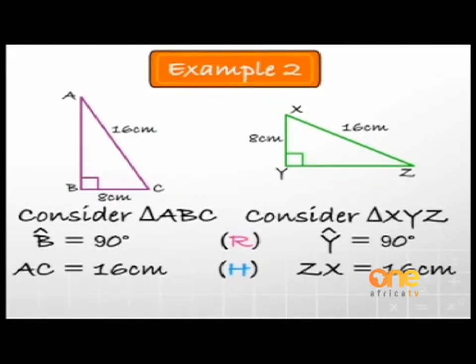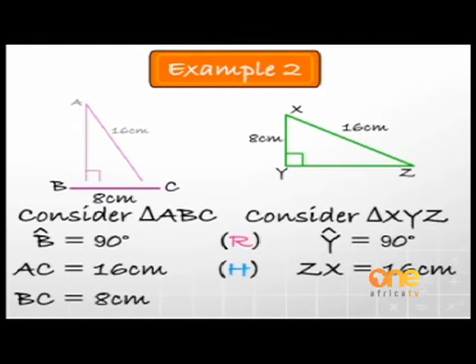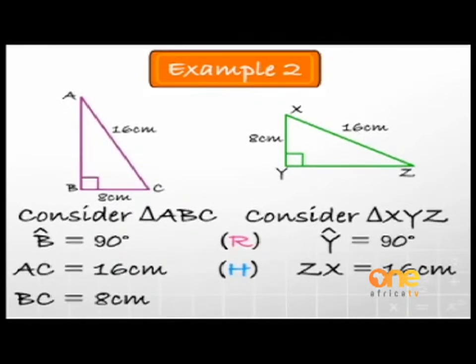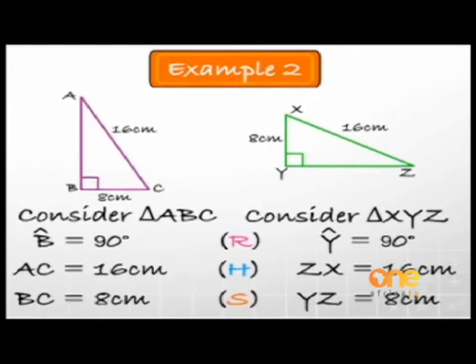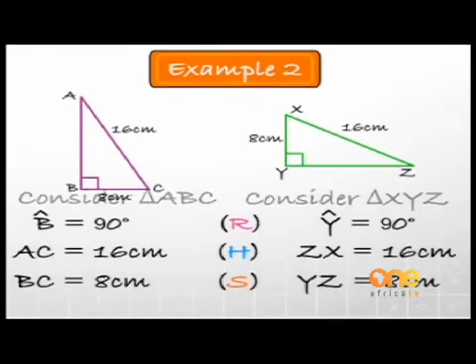Finally, if we look at triangle ABC, we can see that BC is equal to 8 centimeters, and in triangle XYZ, YX is equal to 8 centimeters. We have an additional side in both triangles that is equal in magnitude.